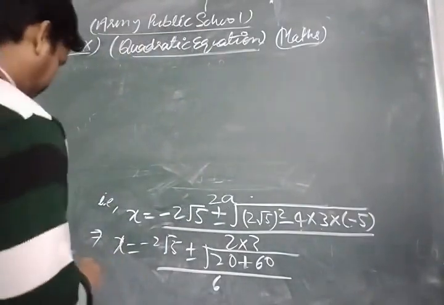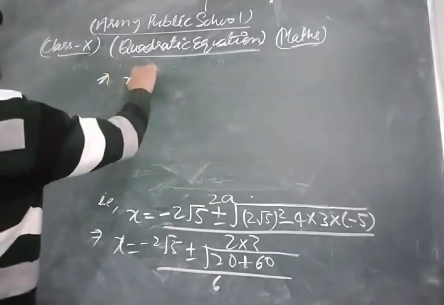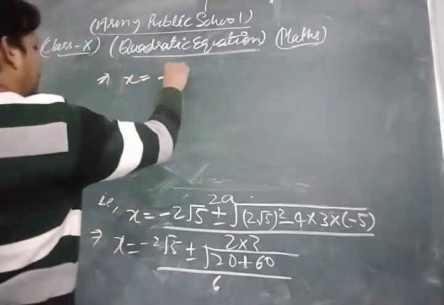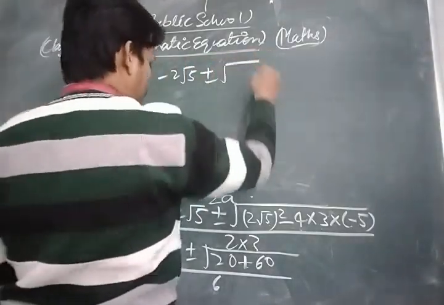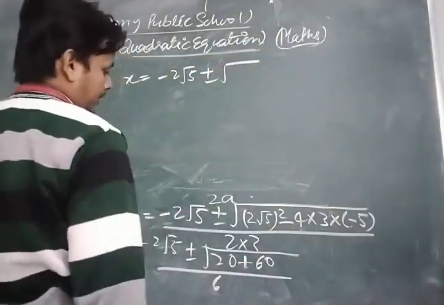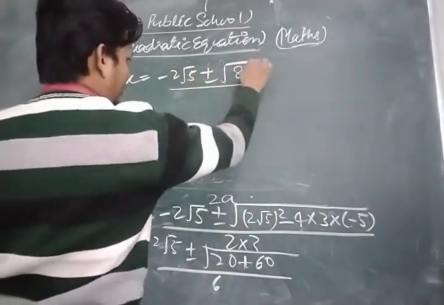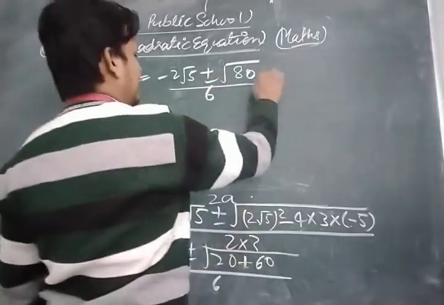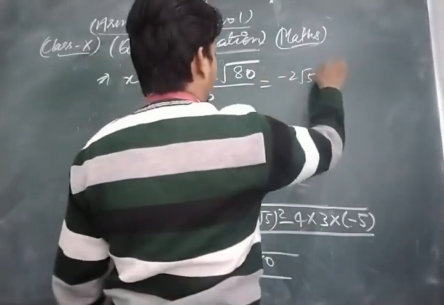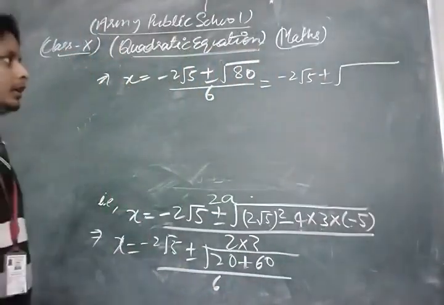Now we simplify them. This is minus 2 root 5 plus minus under root, that is 60 plus 20, that is 80, upon 6. Now look, we can write minus 2 root 5 plus minus root 80.